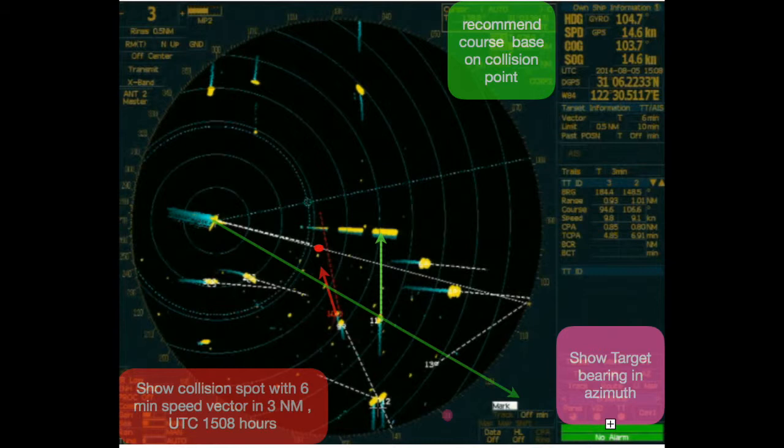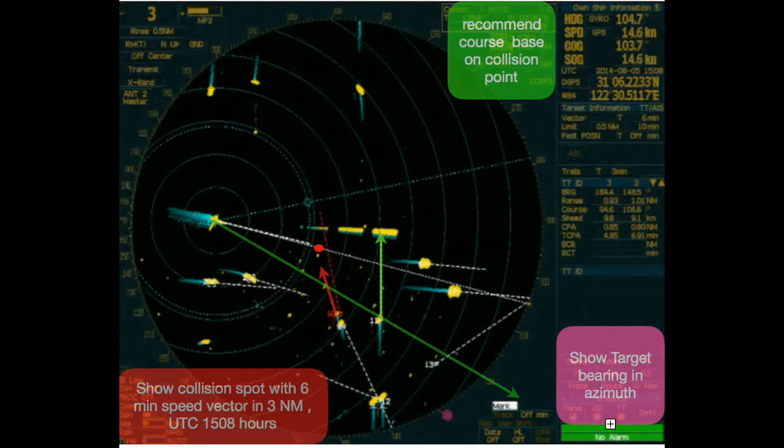So we alter course by 15 degrees to the starboard side. The collision spot, the red spot, moves along the virtual speed vector of the target. So the recommended course and the tugboat's course will create a new collision spot.